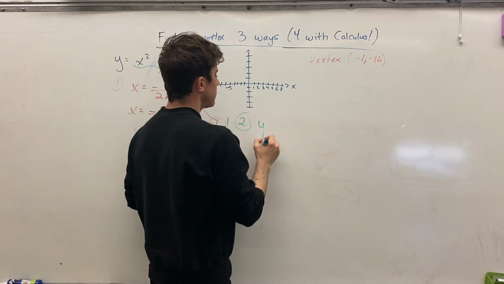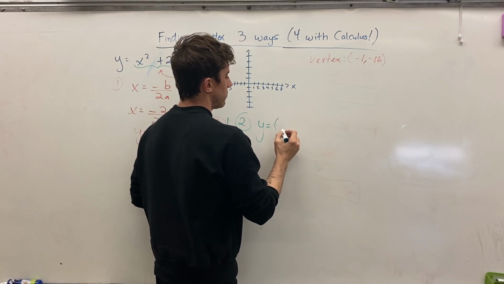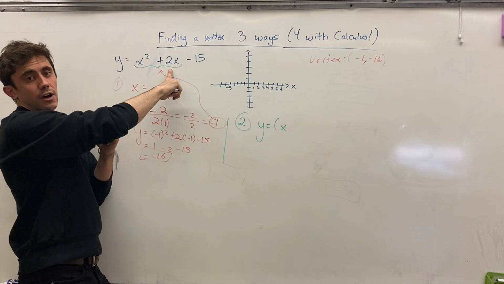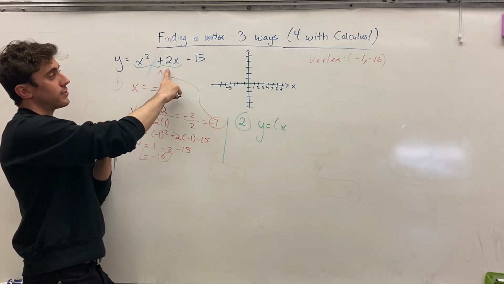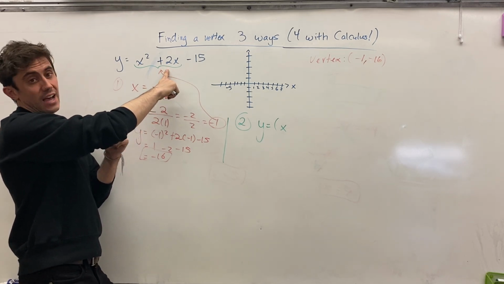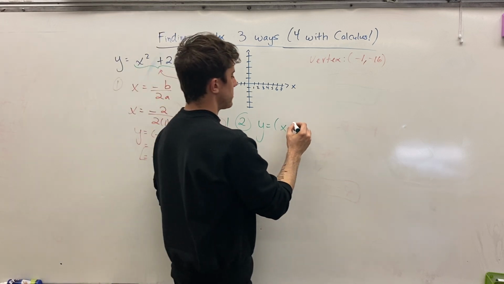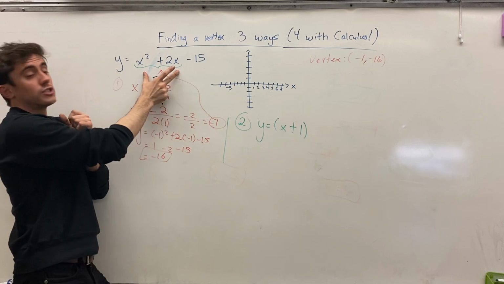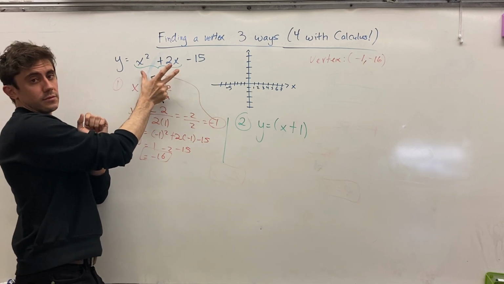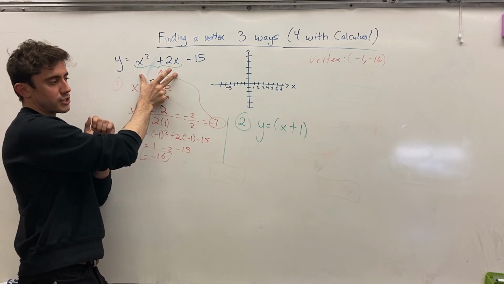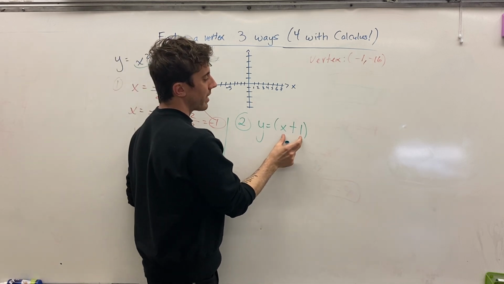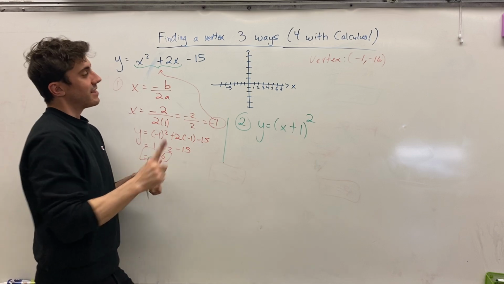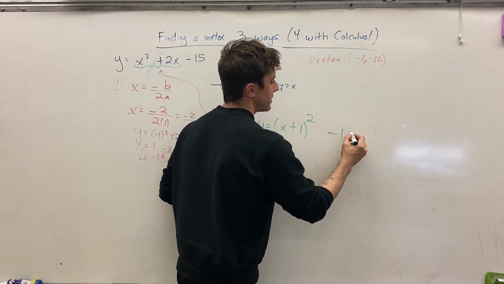So we're going to have y is equal to x plus, we're going to take half of the b value, so half of the x coefficient, which means half of 2, meaning 1, and so we'll have x plus 1, and we're just looking at the first 2 terms of our function, and we're going to make it into a binomial that is raised to the power of 2. And then we still have minus 15 afterwards.